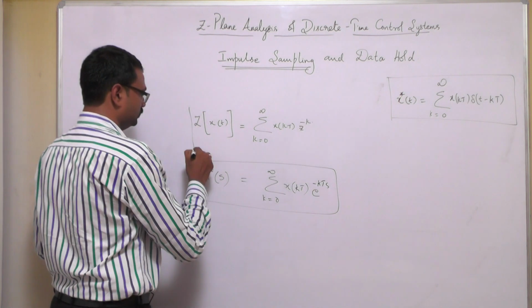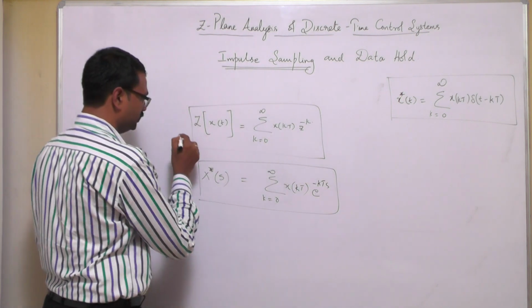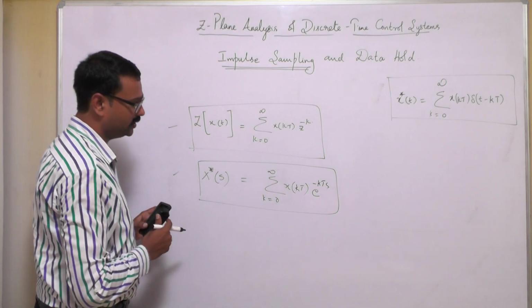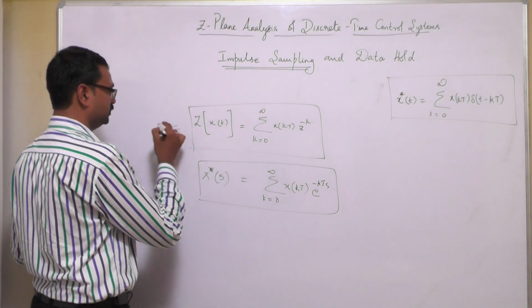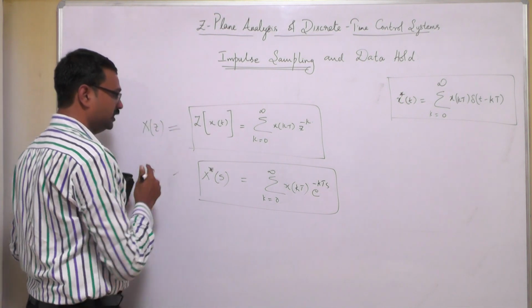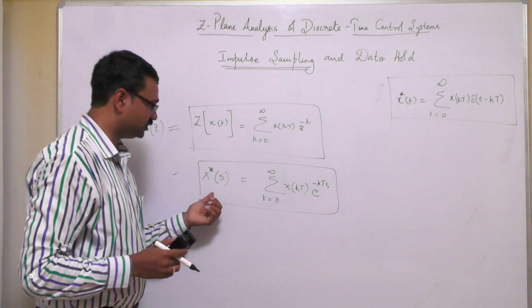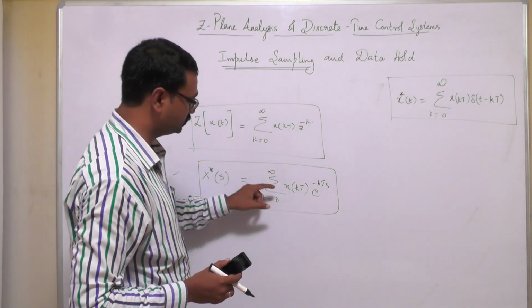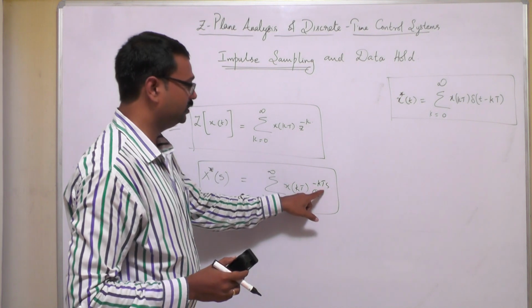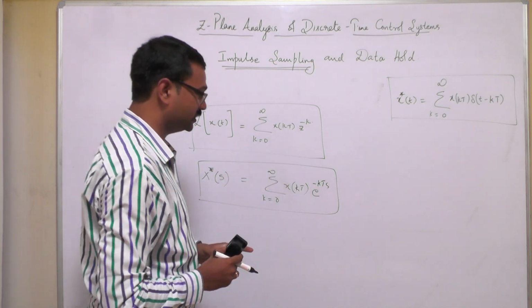Now when you compare these two equations, everything is one and the same. That is, this z transform of x of t is x of z. Then x star of s is equal to sigma k is 0 to infinity x of kt, and you can just compare these two: e power minus kts corresponds to z power minus k.